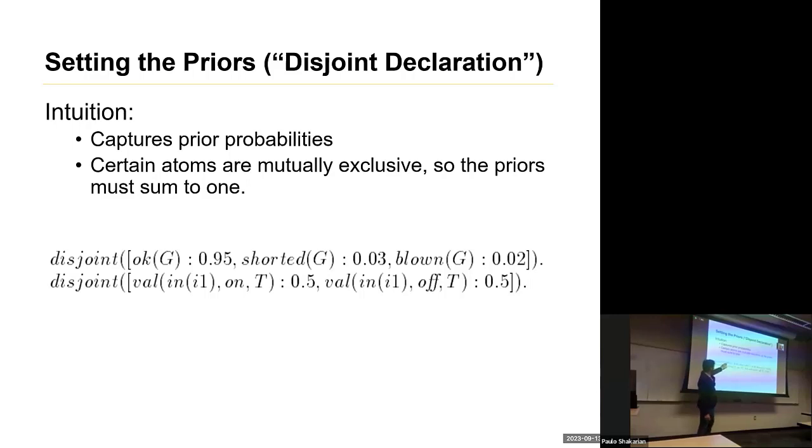So here, the first one is the gate is either OK with a prior of 0.95, it's shorted, or it's blown. And then we have a second one about the status of the gate, if it's on or off. So we have that 50 thing.